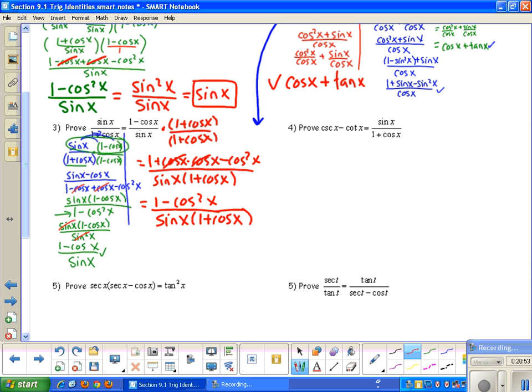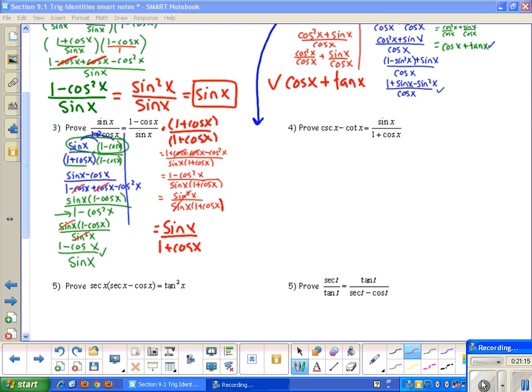I need to cancel out that sine x, and I notice my numerator needs to be sine x, so 1 minus cosine squared x, remember the Pythagorean identity, that's really sine squared x over sine x times 1 plus cosine x, and then one of these sines cancels out to leave you with sine x over 1 plus cosine x. So that's what I was saying before, that sometimes it's not easy to see which side to do, but both sides end up resulting in the same thing depending on which side you pick.